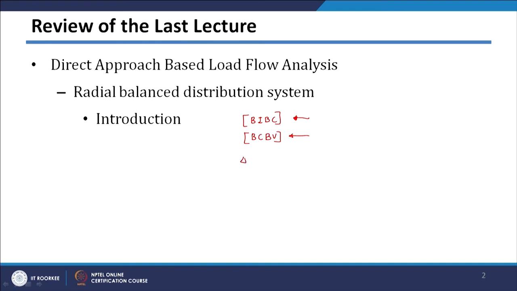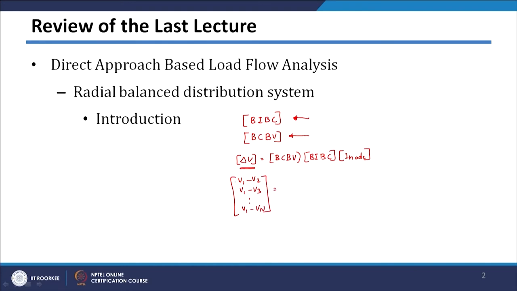to bus voltages, and this is nothing but similar to your forward sweep. And we have seen that if you multiply BCBV multiplied by BIBC multiplied by your I node, you can get the voltage difference. This voltage difference is basically V1 minus V2, V1 minus V3, and it will go up to V1 minus Vn if there are n number of nodes in the system.